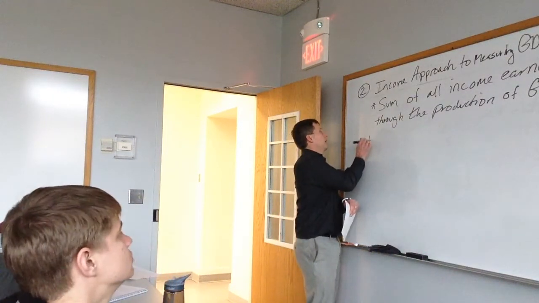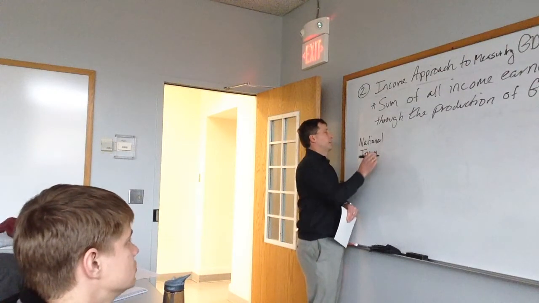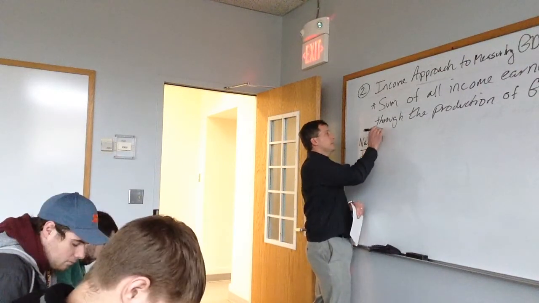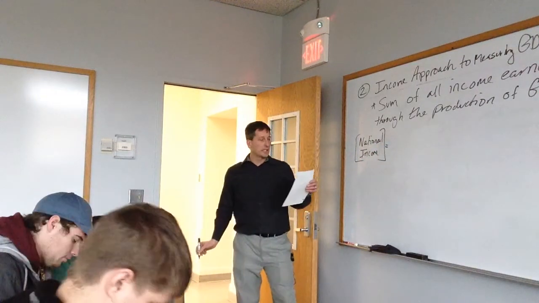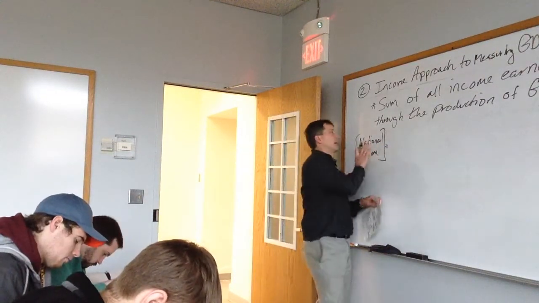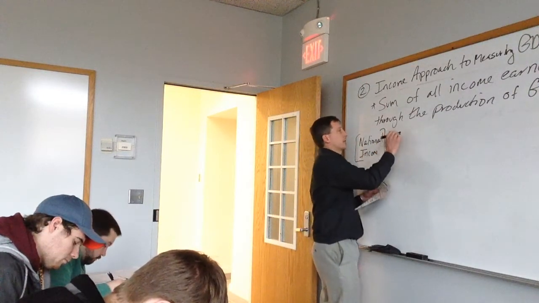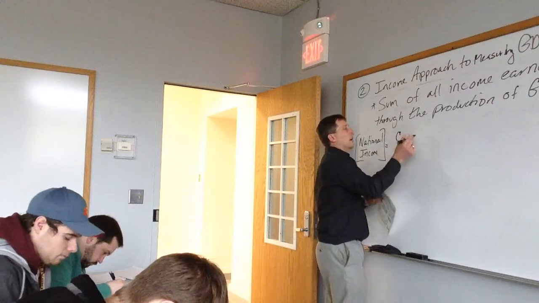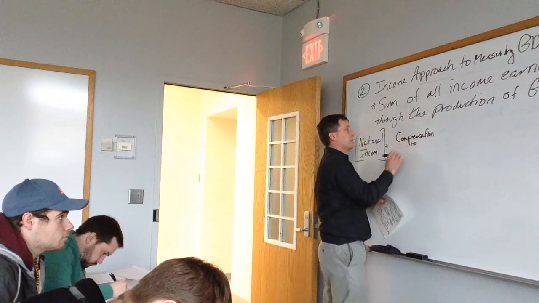So, national income. A little more detail on what these are. National income is composed of employee compensation, so compensation to employees.